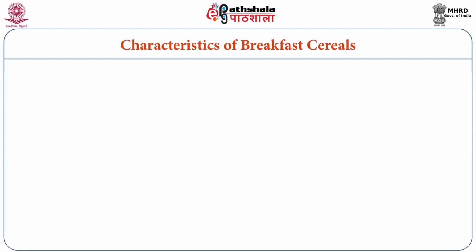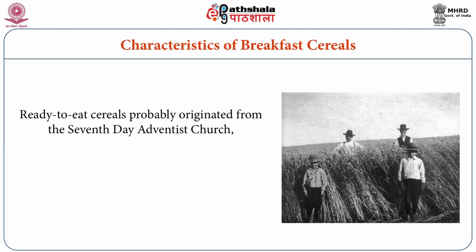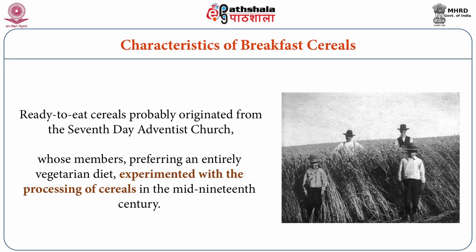Now, we will discuss the characteristics of breakfast cereals. The ready to eat cereals probably originated from the Seventh-day Adventist Church, whose members, preferring an entirely vegetarian diet, experimented with the processing of cereals in the mid 19th century.